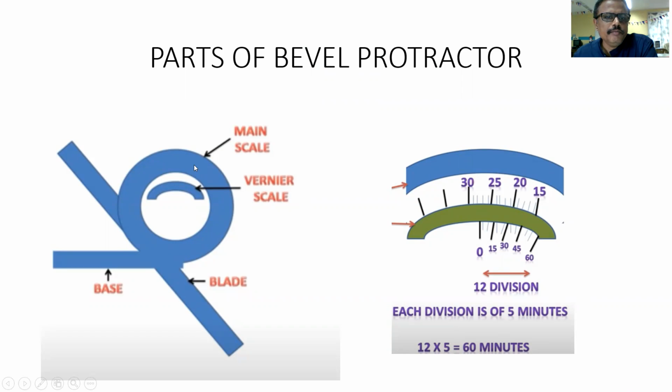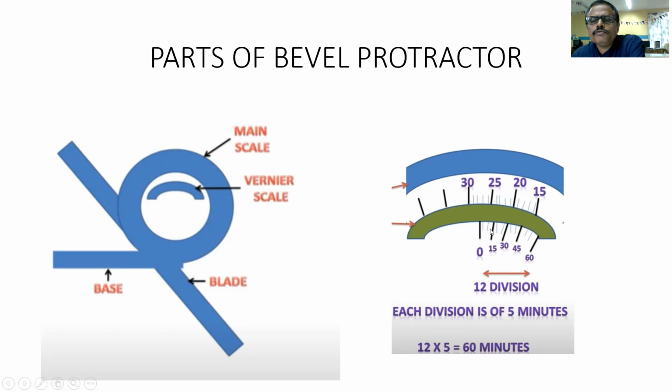This one is the main scale of the bevel protractor and this is the vernier scale, and here you have the blade and then you have the base. In the vernier scale, each division is 5 minutes.